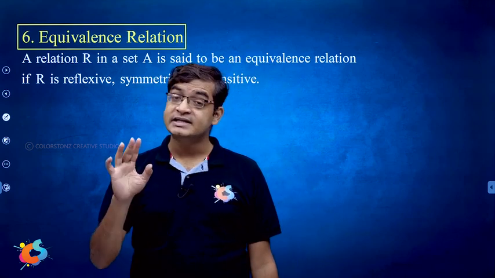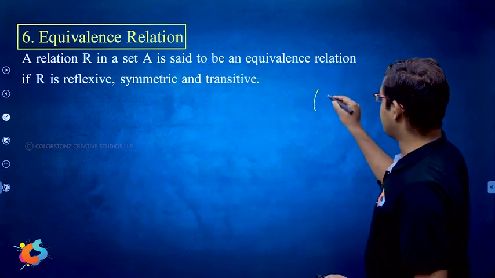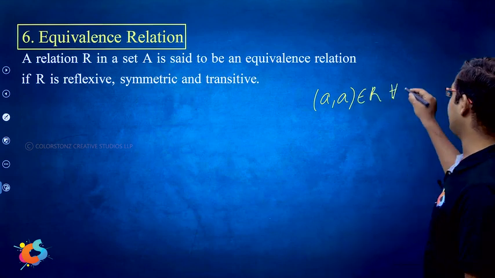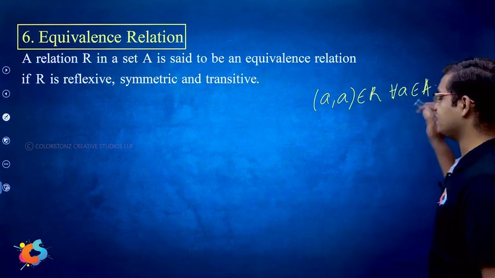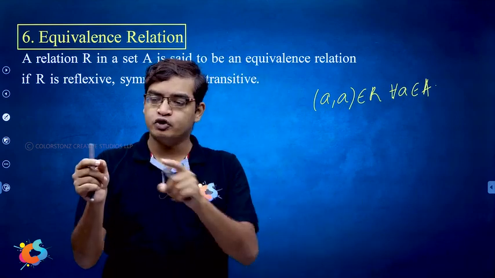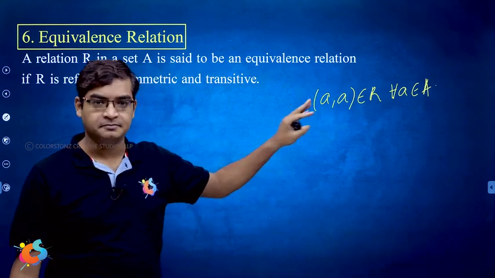Third type of relation is reflexive. How do you check for reflexive? A comma A should belong to R for all A belonging to the set. Means whatever are the elements in our set, every element should be mapped to the same element. That is what this condition is saying.